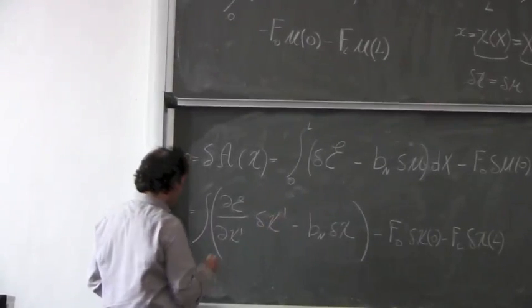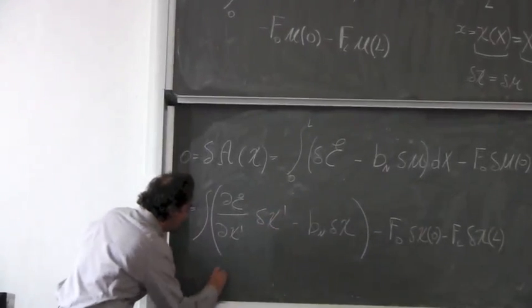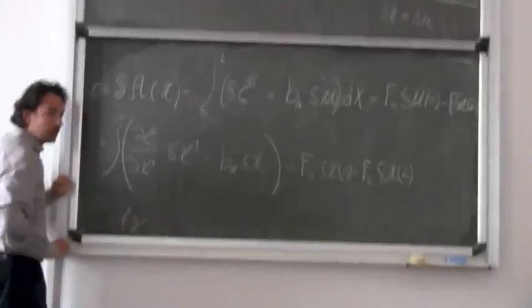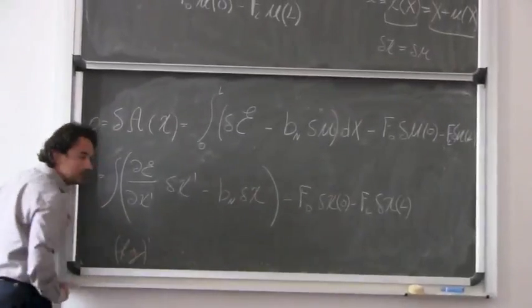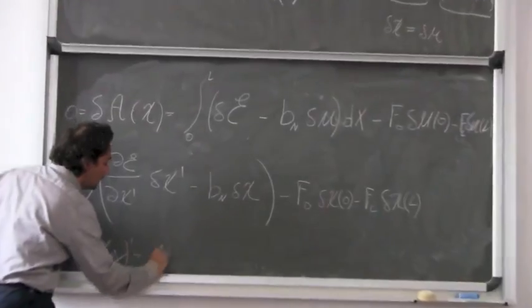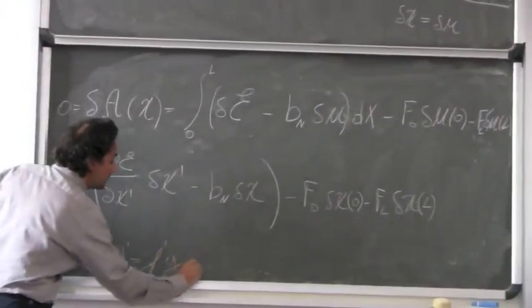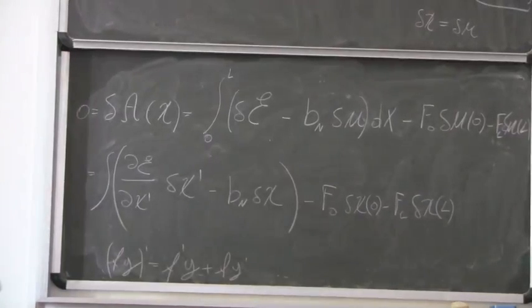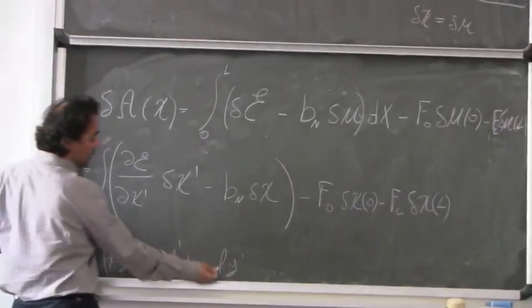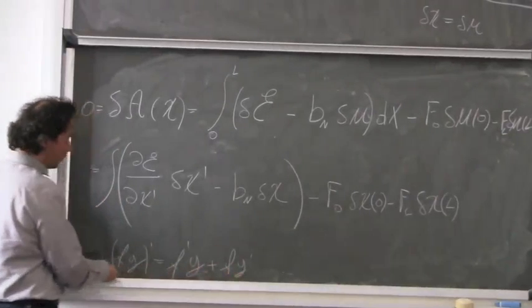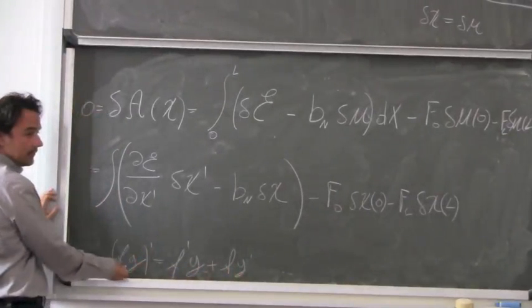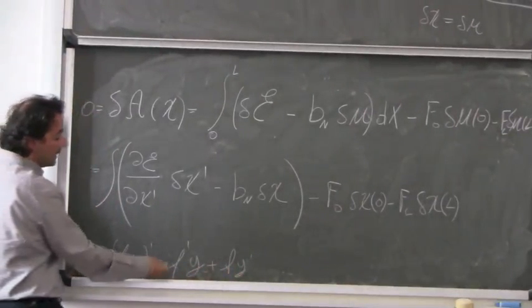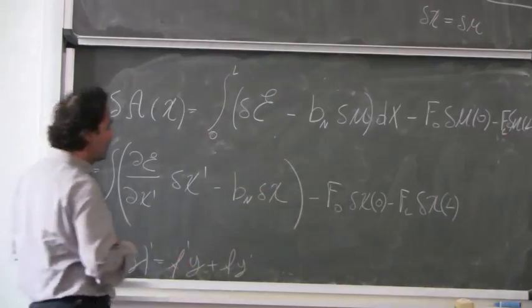Simply remembering that if you have two functions f and g and make the derivative, this is equal to f prime g plus f g prime. So f g prime is equal to the derivative of f g minus f prime g.